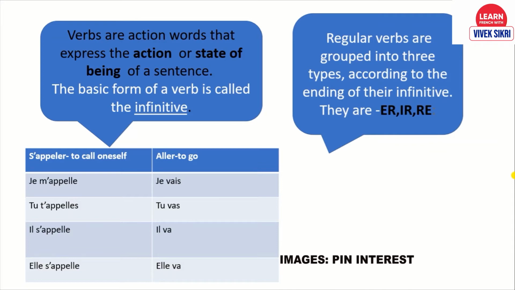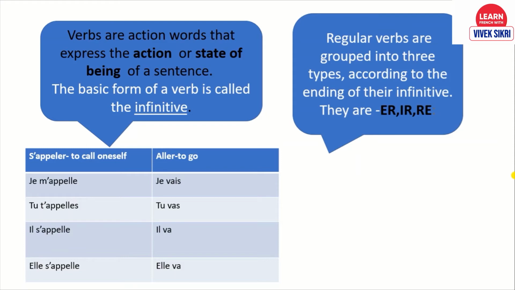The basic form of a verb in French is called the infinitive. Regular verbs are grouped into three types, or categories, according to the ending of their infinitive form. They are ER, IR, and RE.